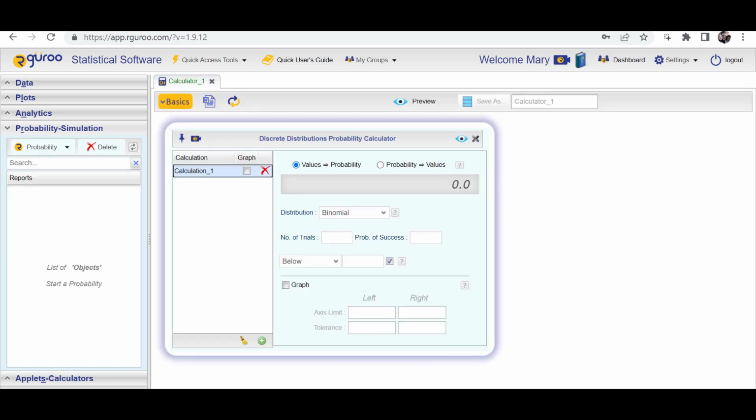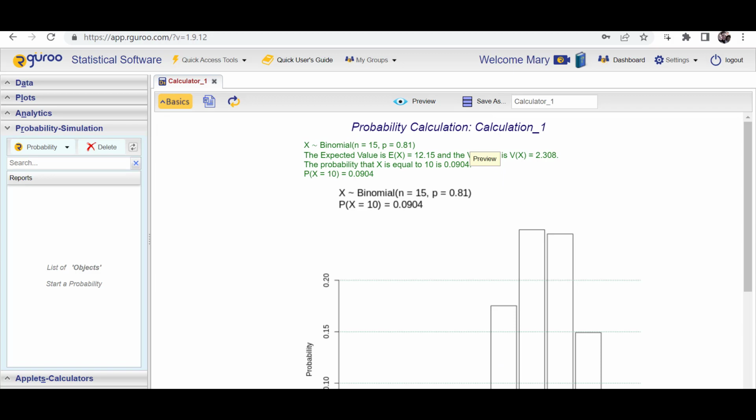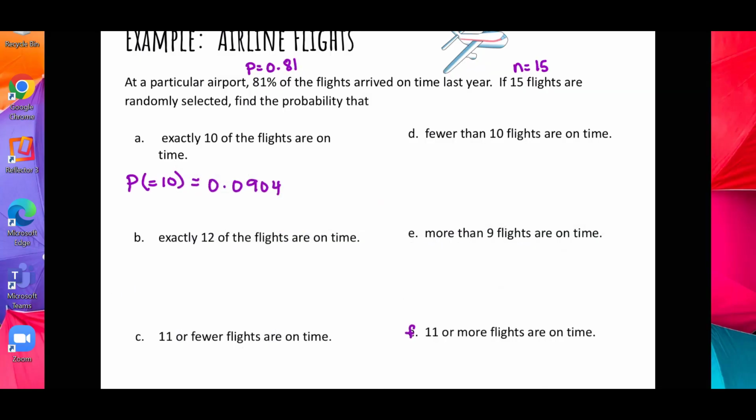There are 15 trials this time, and the probability of success is 0.81, and we want to know when it's exactly 10. Graph it if you want to, preview, and we get 0.0904. All right, let's look at the next one.